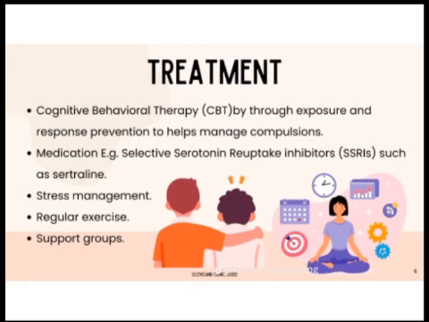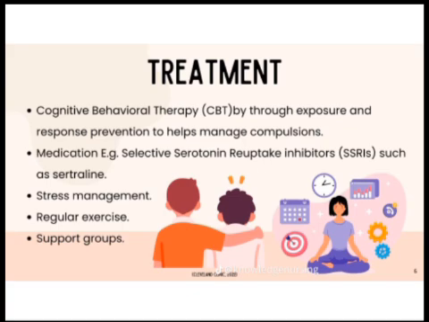So for the treatment, we have to see that this is a psychological disorder. So we have what we call cognitive behavioral therapy. This is the therapy where this person will be counseled.